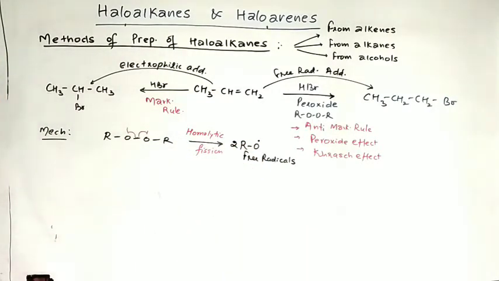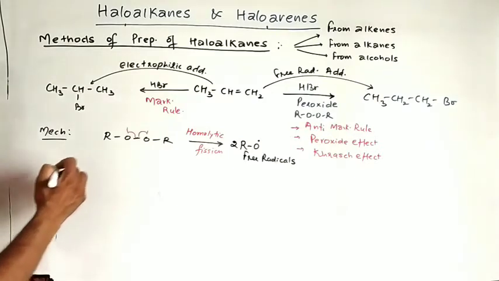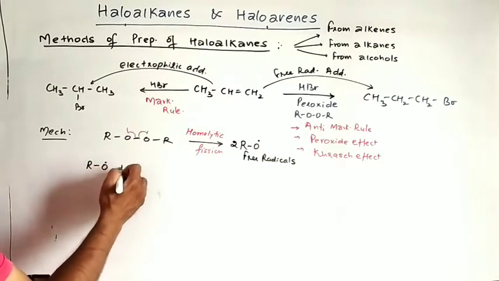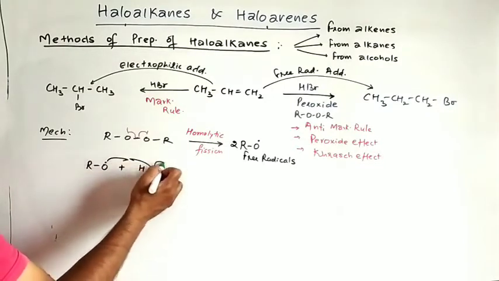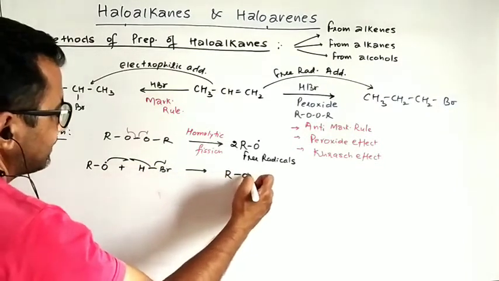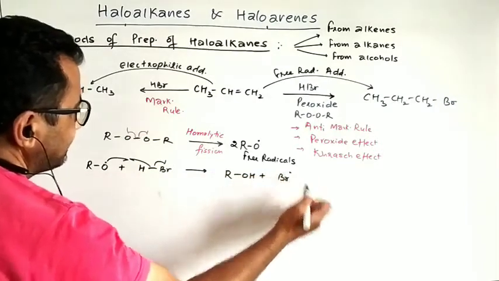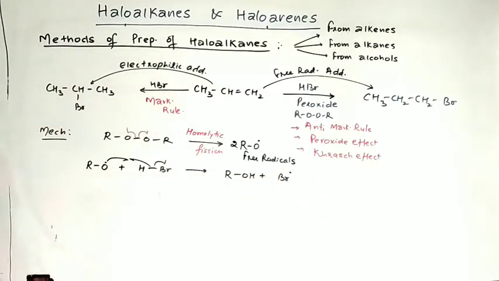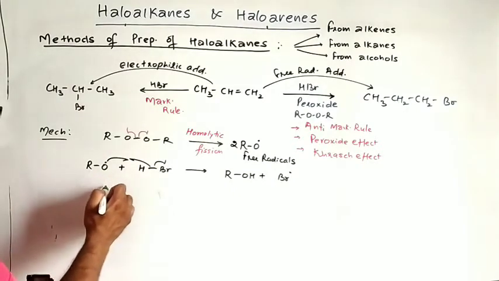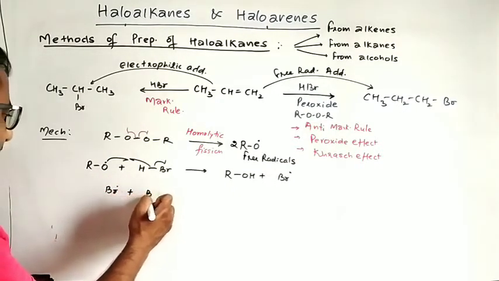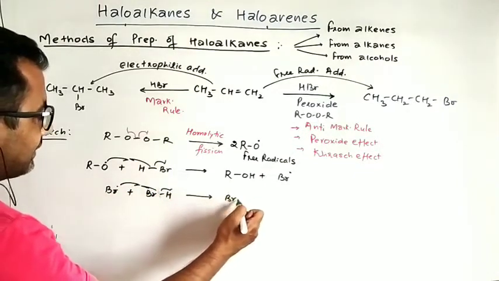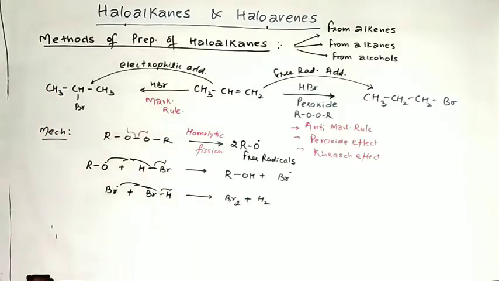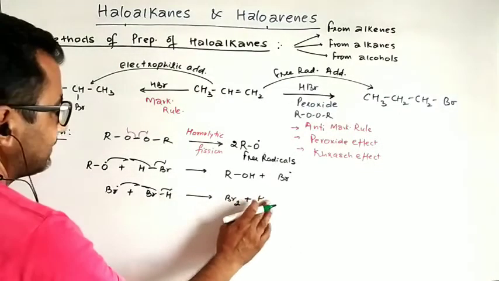Now this free radical will first combine with HBr, like this RO free radical combines with HBr. So it forms a bond like this to produce ROH plus Br free radical. And this Br free radical can also combine with another Br from HBr to produce Br2 and H2. Sorry, H radical.